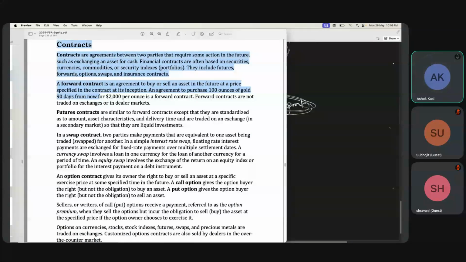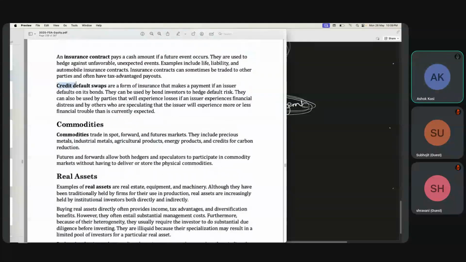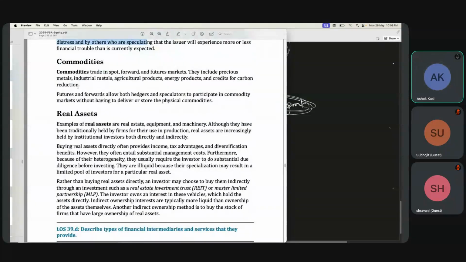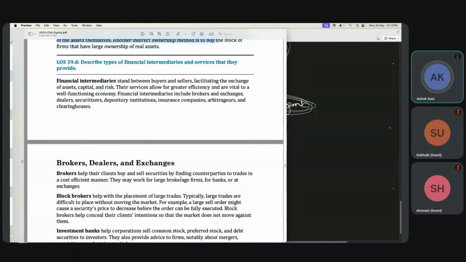Contracts, all these are derivative subjects, not needed. Options, we will do in derivatives. Credit default swaps, all derivatives. Commodities, all this you can ignore. You don't even have to read whatever I am speaking now. If you read, it is good, but right now it is not required. All these will be repeated in their respective subjects like alternative investments and derivatives. That time you will have to read, but if you get more time, you can read now and keep it.